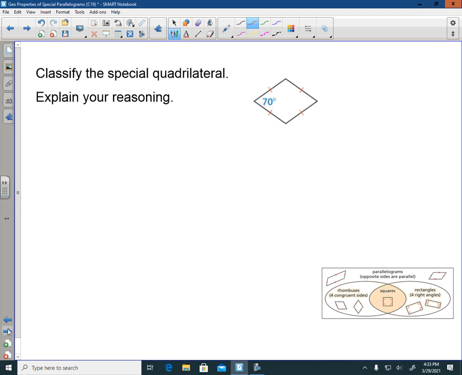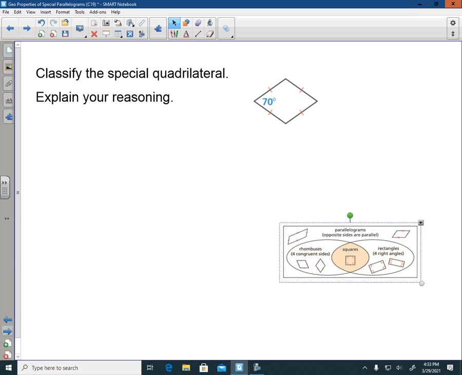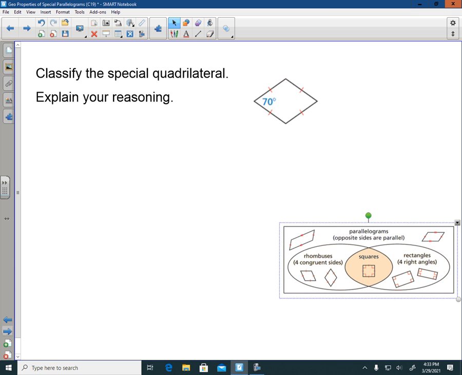Classify the special quadrilateral, explain your reasoning. Well, what I see is a quadrilateral, 4 sides. I see that all 4 sides are congruent to one another and nothing about the angles, and so it would appear to me that this is a rhombus. Now notice also that this angle here is 70 degrees, and so it's clearly not a square, because a square has all 4 angles 90 degrees.